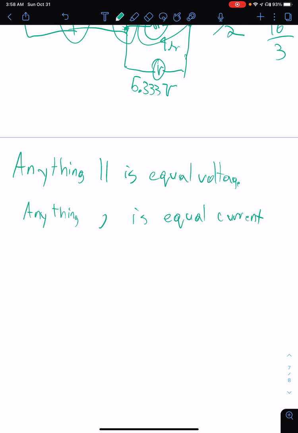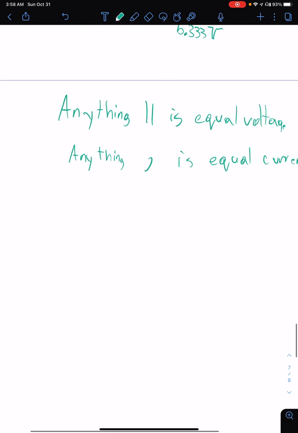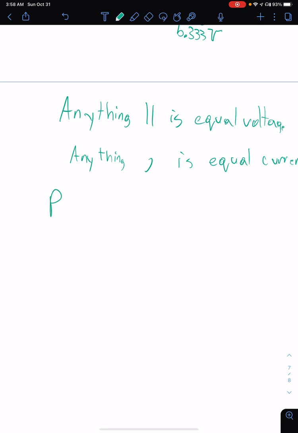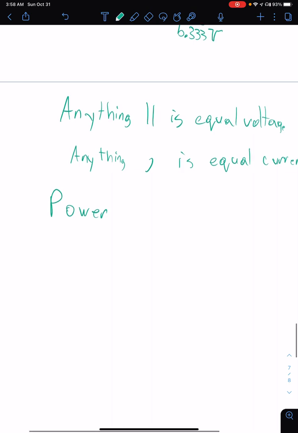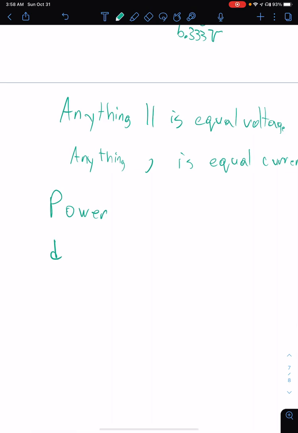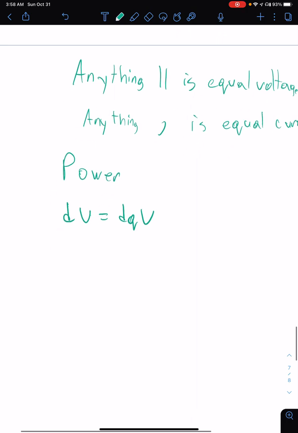We covered basic circuits, power. This is the fun one. So power. I have the power. I'm insane. dU is equal to dQ times V. And so that is your change in potential energy is equal to the change in charge times voltage.